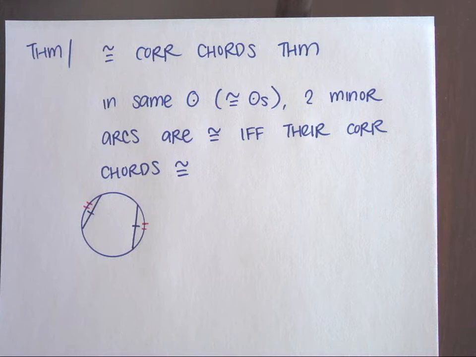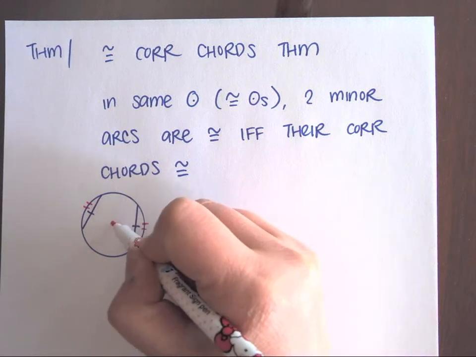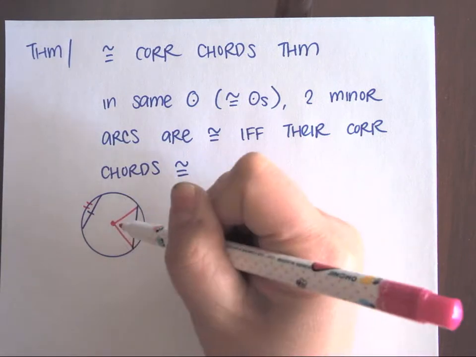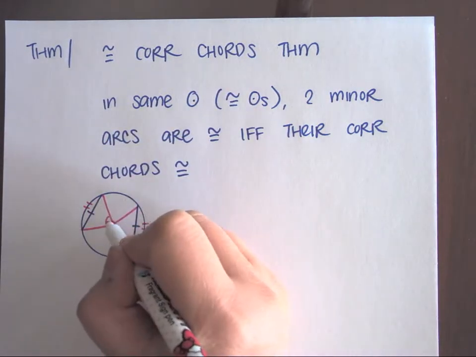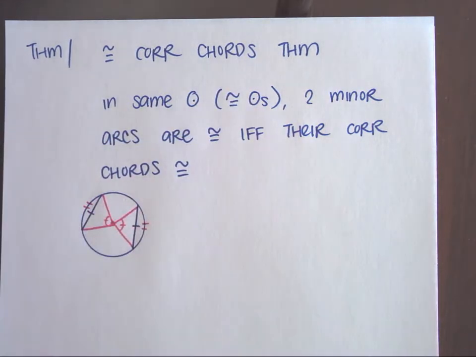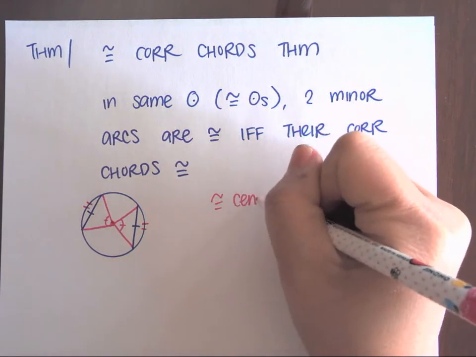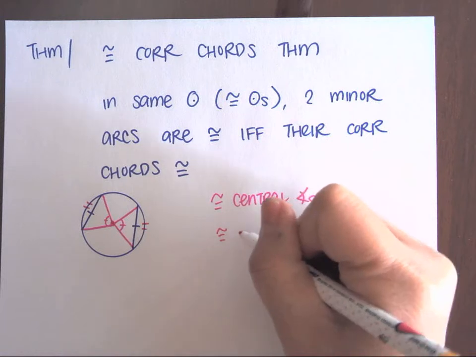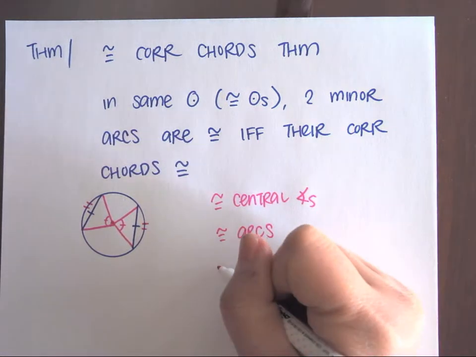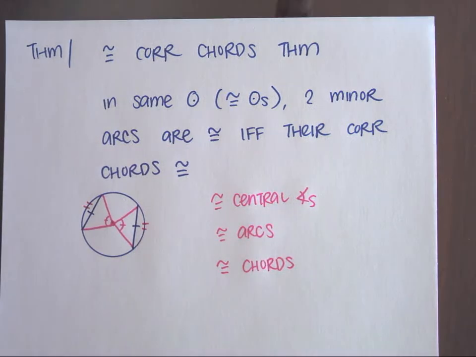So if the arcs are congruent, their central angles will also be congruent. If I draw in a central angle to these chords, then this angle is congruent to that angle because the arcs are congruent. So all three of these are connected. We have congruent central angles, which means the arcs are congruent, and today we're adding in that the chords are congruent.